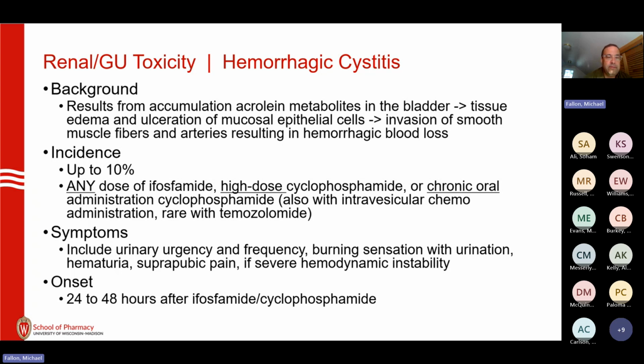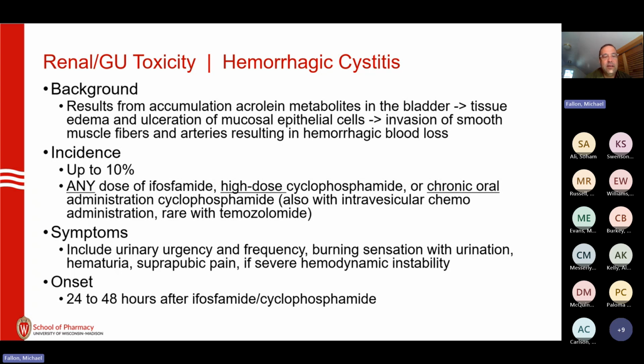Any dose of ifosfamide is going to be inpatient treatment and IV therapy required. High dose cyclophosphamide, and then we don't really use oral cytotoxin much anymore. But in the past, when we used it, over time, people that are dehydrated at home had issues with it. So we watch. We give prehydration.